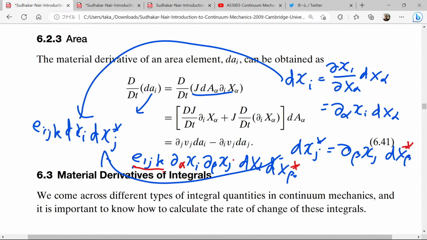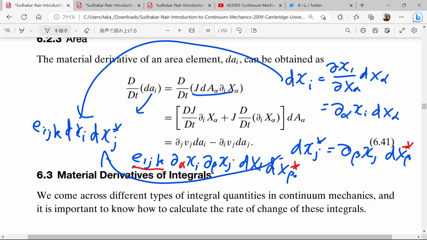How do you change this? Alpha, beta. Okay, I think this has to be jk.